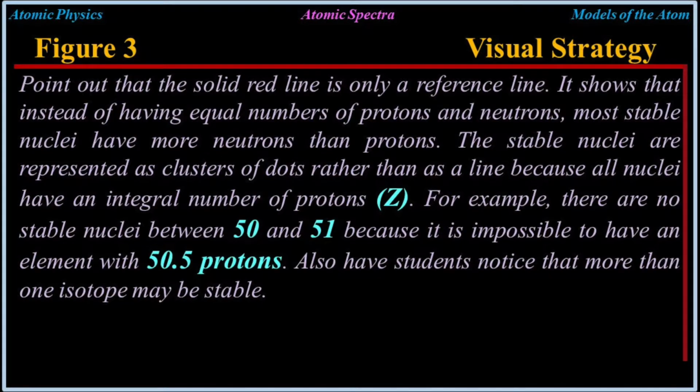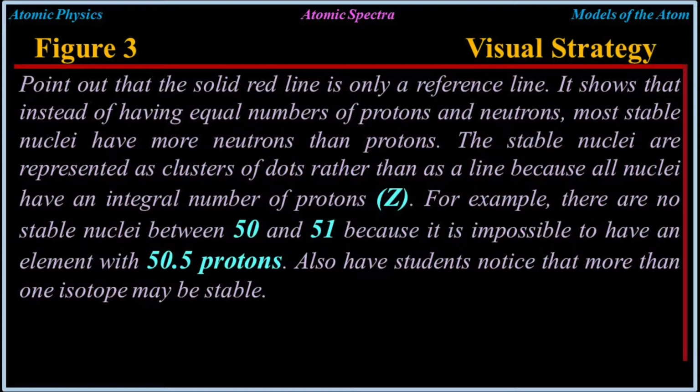Figure 3, visual strategy. Point out that the solid red line is only a reference line. It shows that instead of having an equal number of protons and neutrons, most stable nuclei have more neutrons than protons. The stable nuclei are represented as clusters of dots rather than as a line, because all nuclei have an integral number of protons.